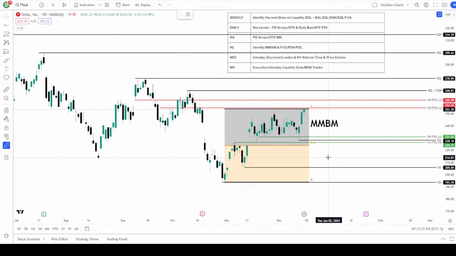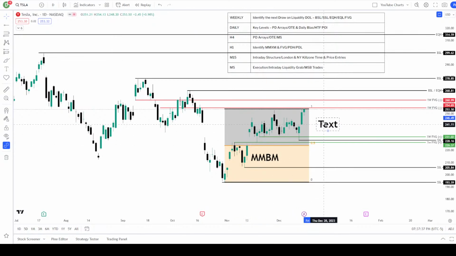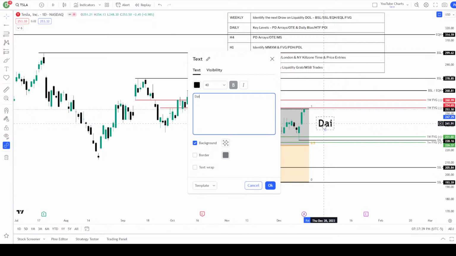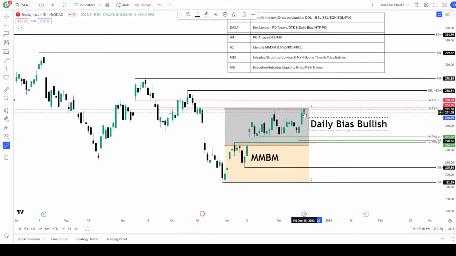Okay, and then what you also want to put in there, and you can put that wherever you want, is that we are daily bias bullish. You may ask, well, what's the importance of these? What do you mean? So daily bias bullish, right? So last Friday, we closed above the previous day's candle close.